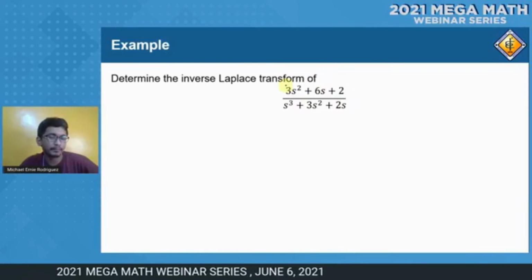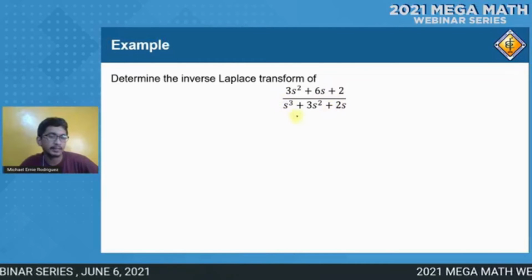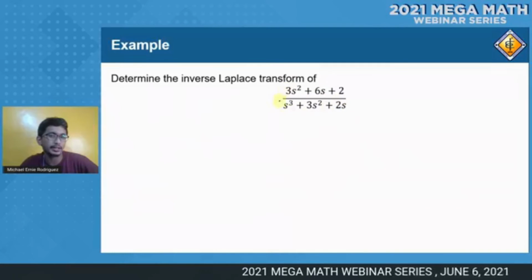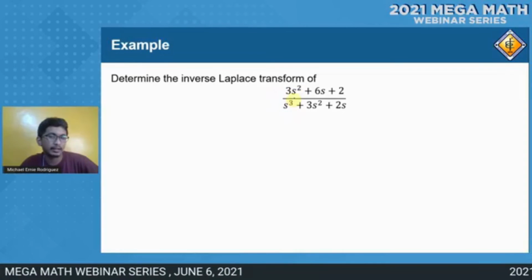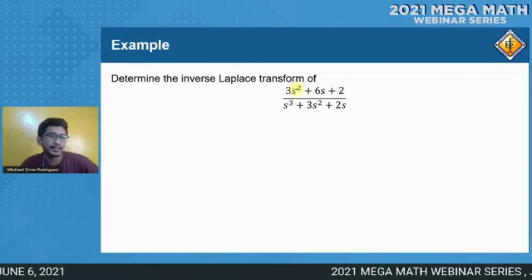So, dapat, we can use partial fraction once na mas mataas yung degree ng Q or ng ating denominator. So in this case, itong sa denominator is s cubed or that is third degree, while yung ating numerator is second degree. So we can use partial fraction expansion.